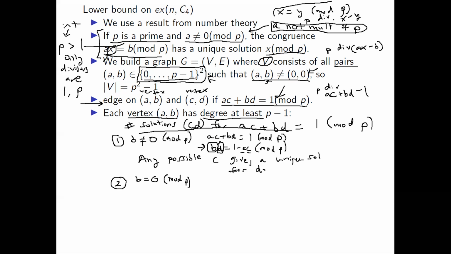So any of the possibilities for C from this set, 0, 1, 2 up to P minus 1, we can put each of those in for the value of C right here. And recall the A and the B are fixed. So both this A and the B, these are fixed.